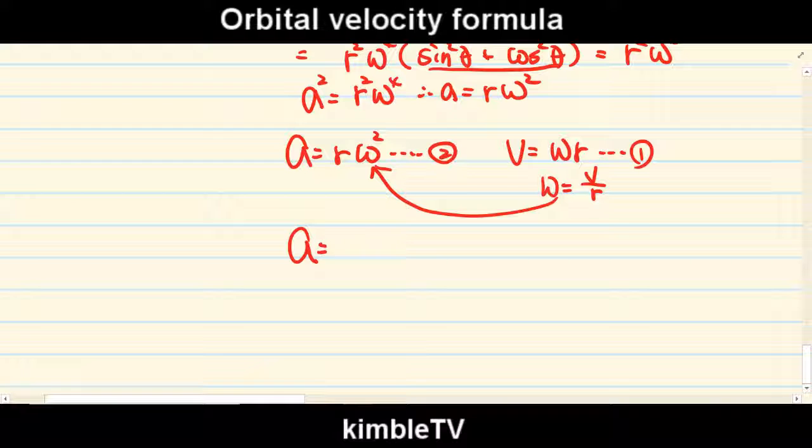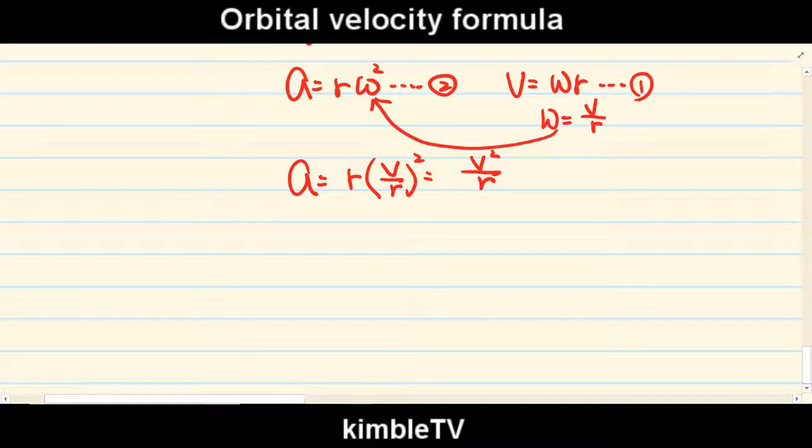A equals r times v on r, squared. Therefore, v squared on r. This is acceleration. Therefore, F equals ma is the same as m times v squared on r. This is equation 3.